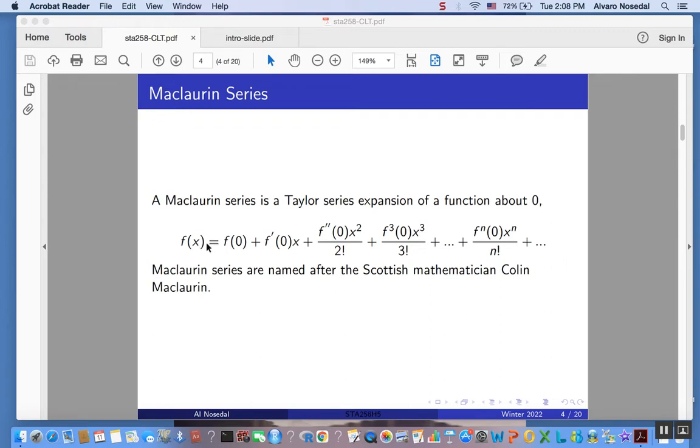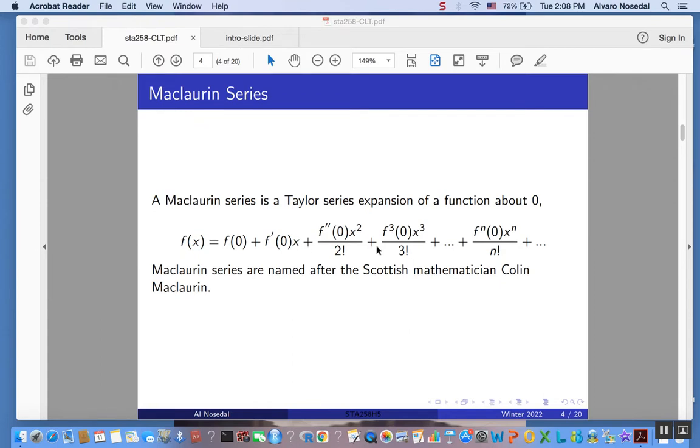So in the limit, these guys are the same. If you truncate the approximation, then it is just an approximation. But in the limit, the left-hand side and the right-hand side are the same. It's an equality. Okay? It's an equation.